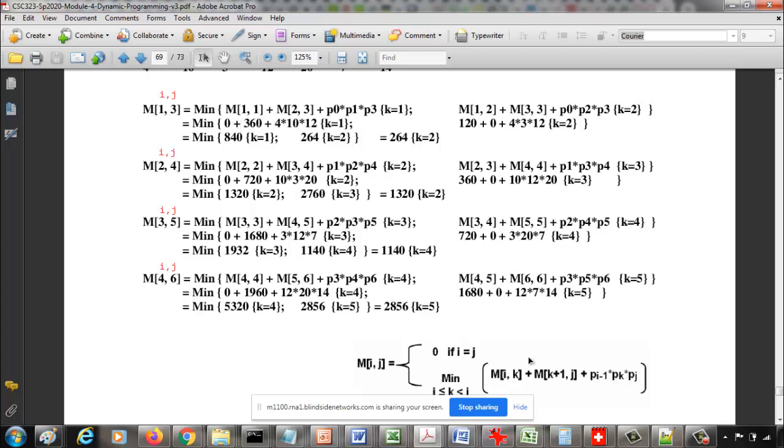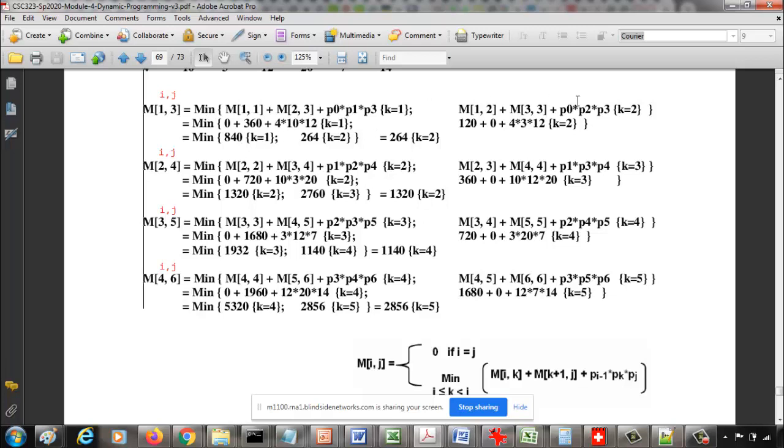So here i equals k, which is M of 1 comma 1, and then plus M of 2 comma 3, plus P0 times Pj, which is P3, and K is 1, so P1. So plug in the numbers, you get 840 for K is 1.